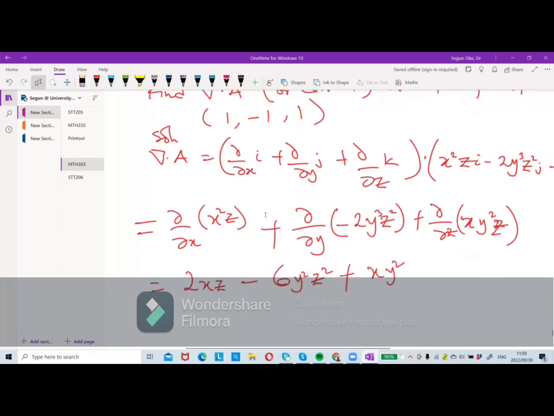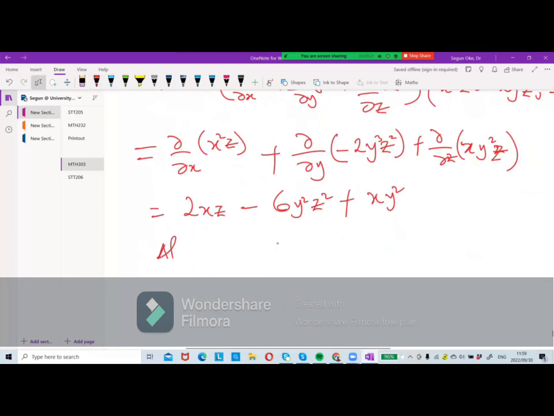And the point is what? x is 1, y is minus 1, z is 1. So you have z, right? What is z? 1. So when you substitute it, what do you have?